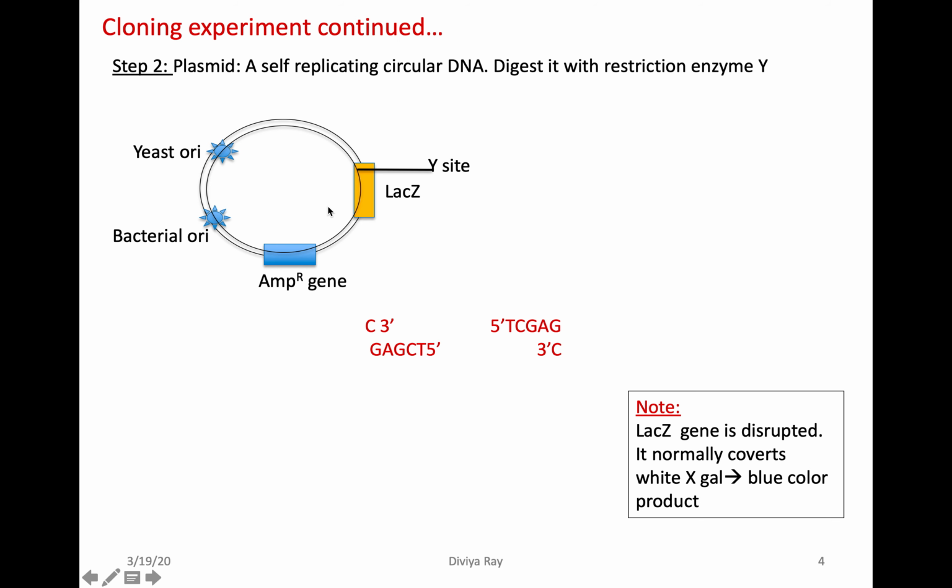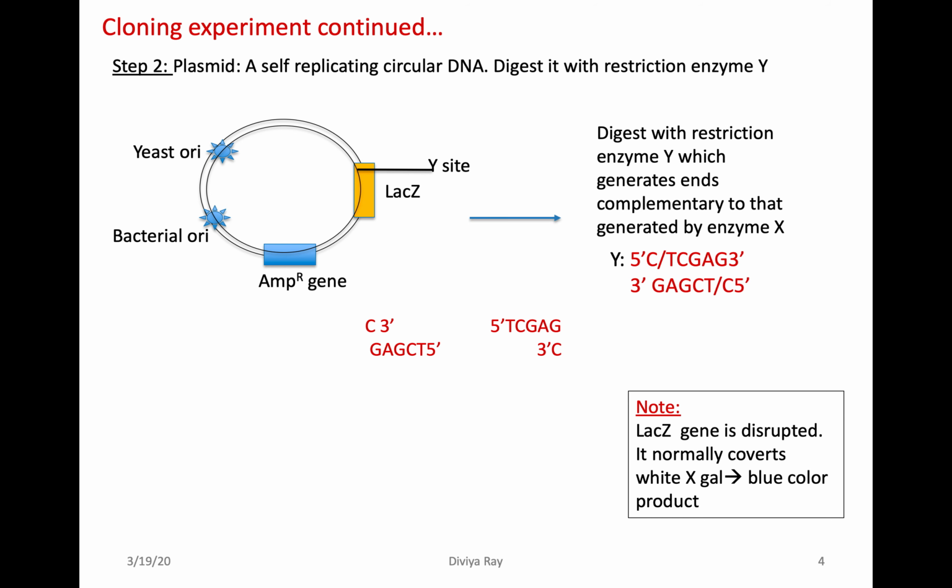So any bacterial cell that has an intact LAG-Z gene will appear blue when it is grown in the medium that contains the substrate for LAG-Z, which is XGal. So you start with this plasmid and you already know the features of this plasmid.